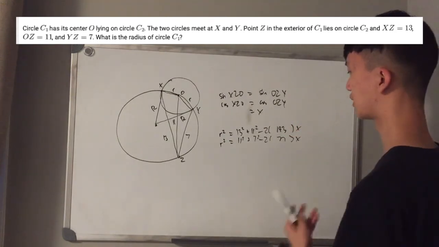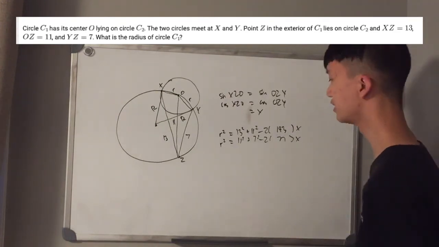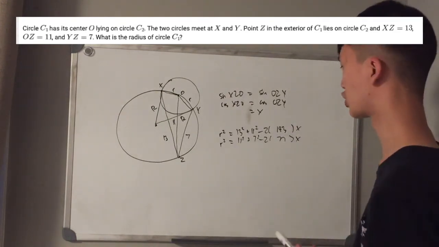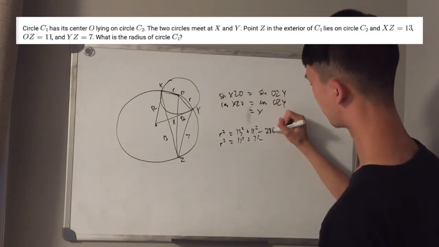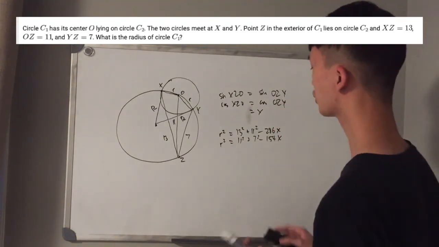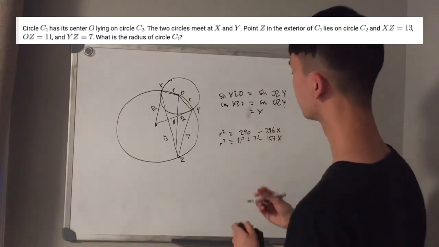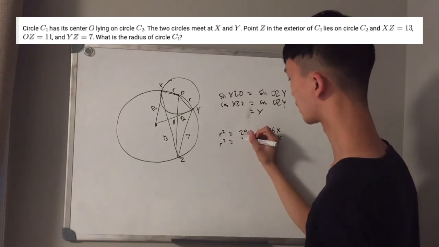Now, multiplying both by 2, we get that 2 times 143 is equal to 286, and 2 times 77 is equal to 154. So 286x here and 154x. And also adding 13 squared and 11 squared gives us 290, and adding 11 squared and 7 squared gives us 170.